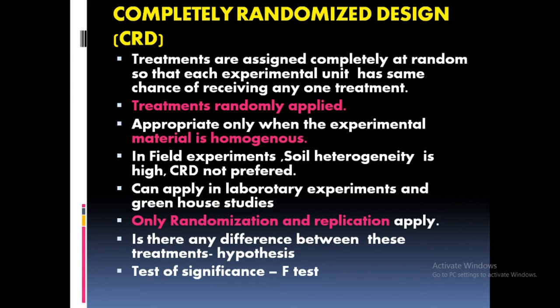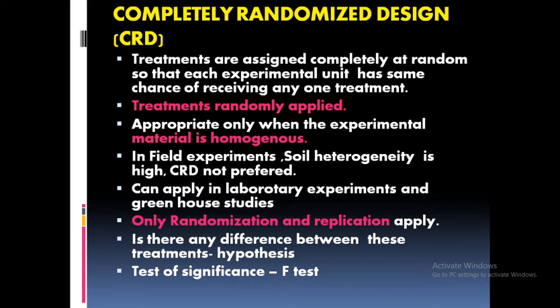When you apply the treatment, you will get results, and you have to compare the results by a test of significance, which we already discussed in that chapter. Here the test of significance used is the F-test.